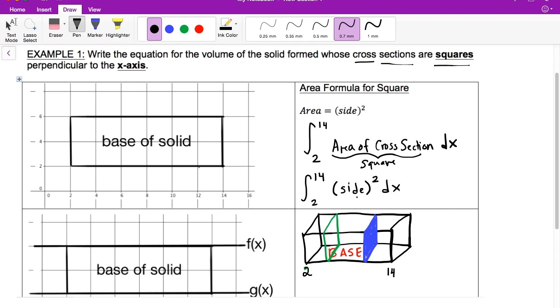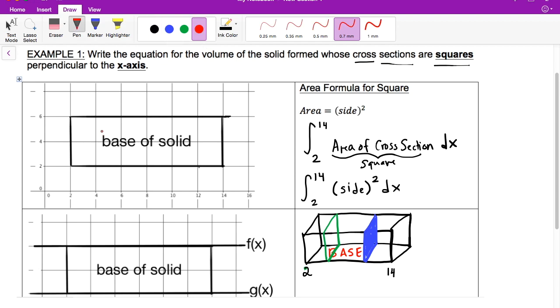And you know the area of a square is the side length squared. So we're going to have to figure out what the expression for the side length is. In this diagram, the side length will always come from the base. You'll see the correspondence between the graph of the base and this diagram, and it works out like this.